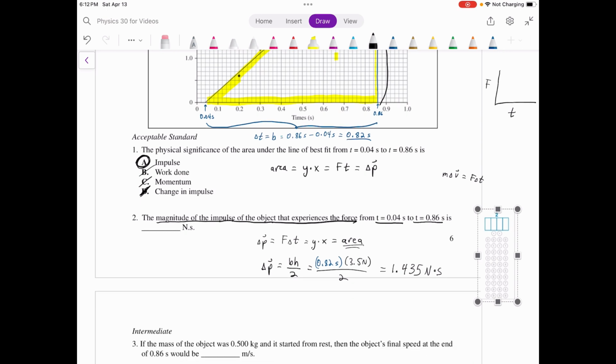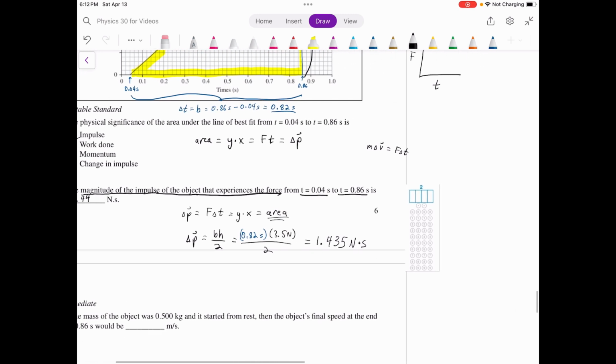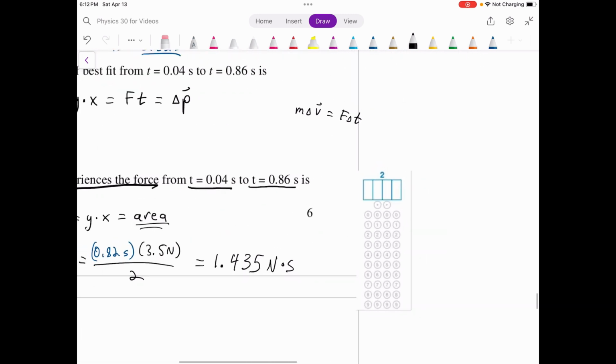I'm just going to say, let's go to the same precision given here, which is to the 100th place. So 1.44 newton seconds. I think on this original diploma it actually said to the nearest 10th, but I'll go ahead and say 1.44, mostly just because that's also what will fit in our box here. So if this were the diploma, when we go to answer and fill in our Scantron, we would say 1.44.